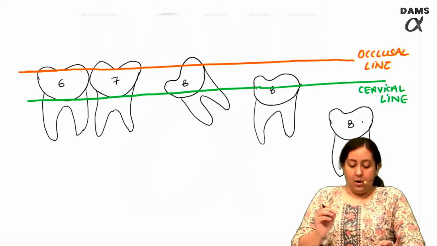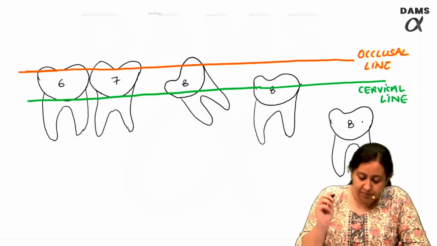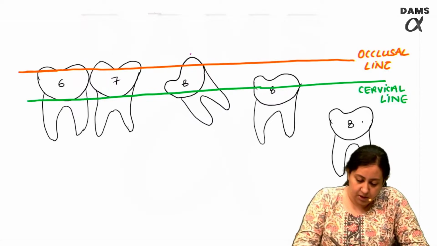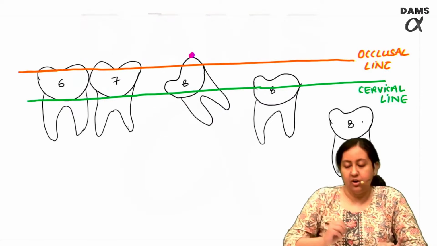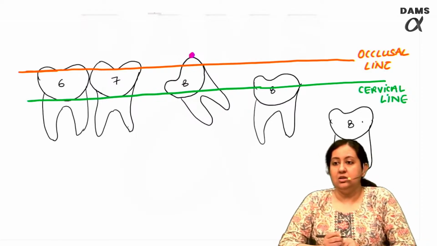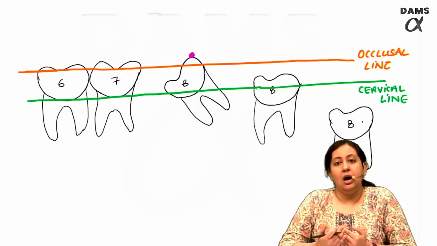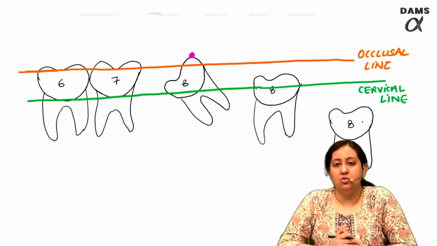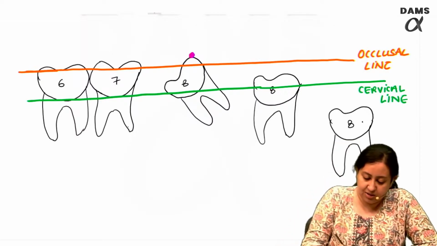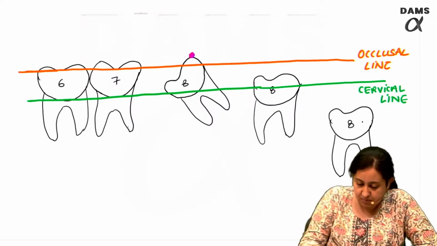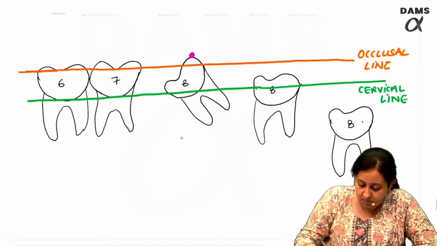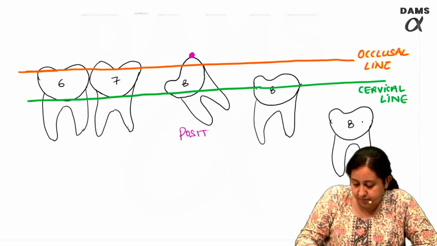Okay. Now, please follow my pen. I'm drawing a purple dot on each. So this highest point of the impacted tooth is present above the occlusal line. So this becomes position A.